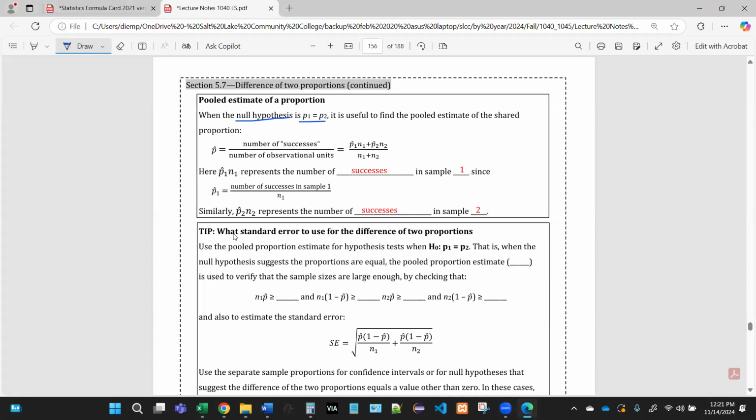Okay, so if they're basically coming from the same population, then the two proportions will equal each other. P1 will equal P2. Okay, and then so if they have the same proportion, then we should be able to blend the two together to get our estimate for the population proportion. Okay, so this is what's called the pooled proportion.